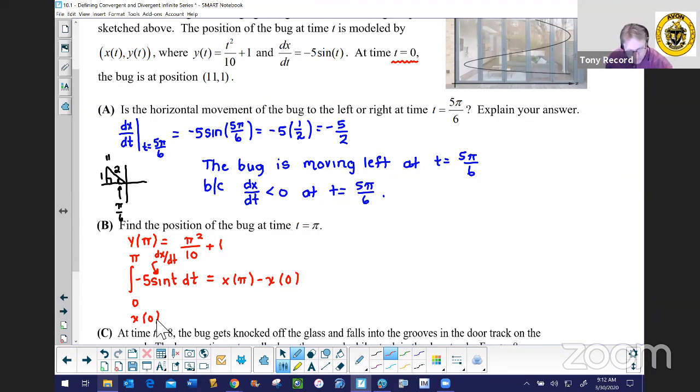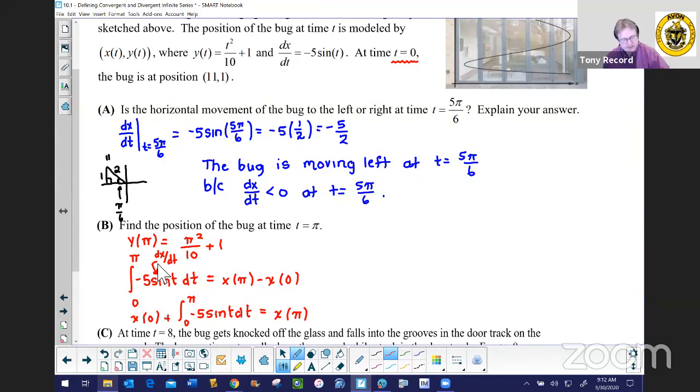So if I were to add that over to the other side, and then add this integration, once again, -5 sine of t dt, that is going to equal our x of pi that we're trying to find. Okay, it doesn't really matter how you set it up. You're going to get the same answer for x of pi either way.